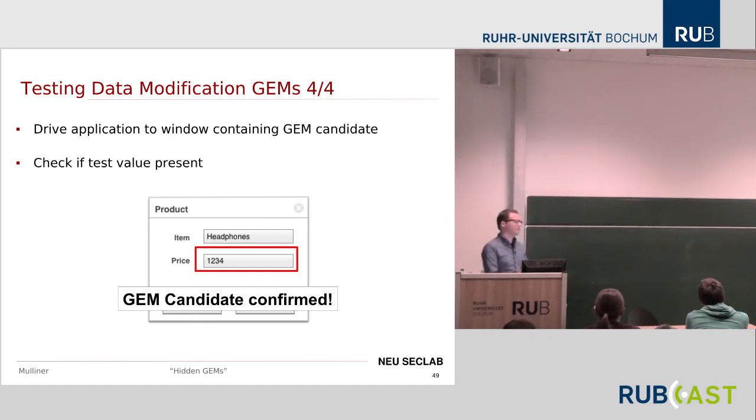So maybe the application said, oh, we don't have products over 4,000 euros. So maybe the application has some other checks, and we also check, for example, if the value changed from the original value that we found. And if you see a change, you can say, okay, the value changed, but not to our test value. You need to manually look at this one example.